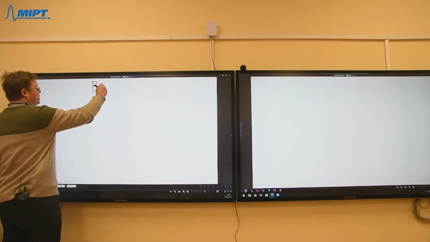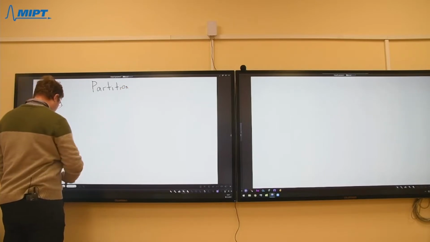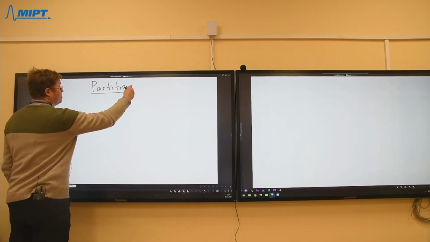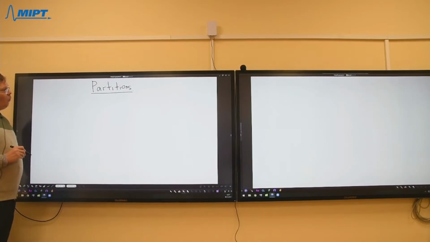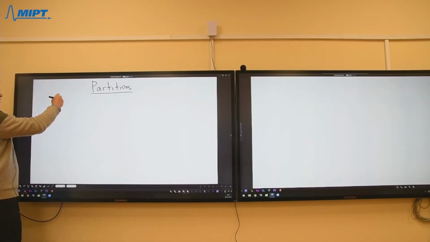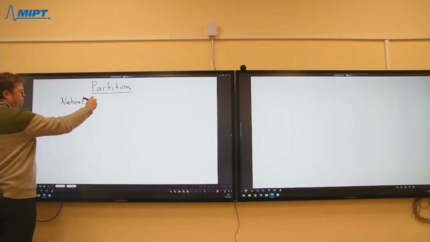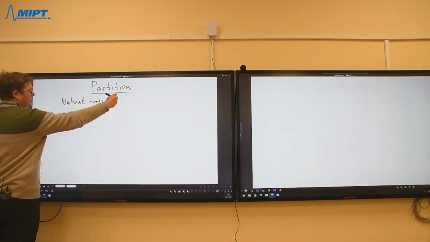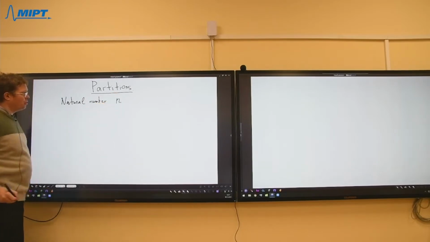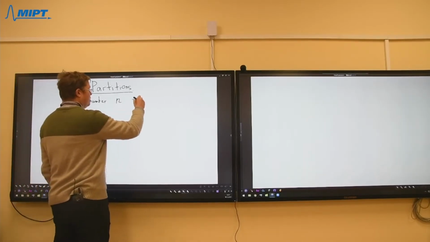Let's start with partitions. So what is a partition? We start from considering a natural number n, and we want to represent this number as some natural sums.